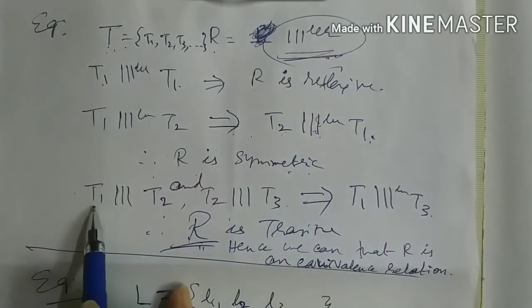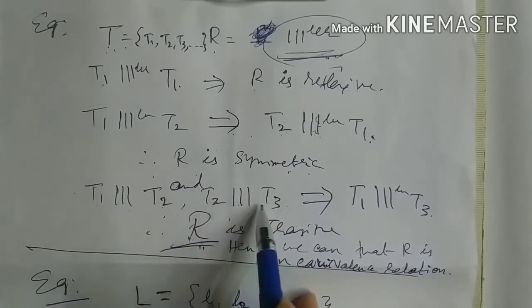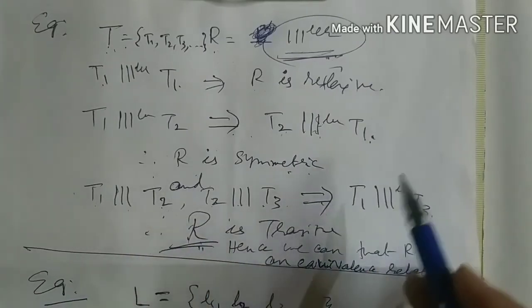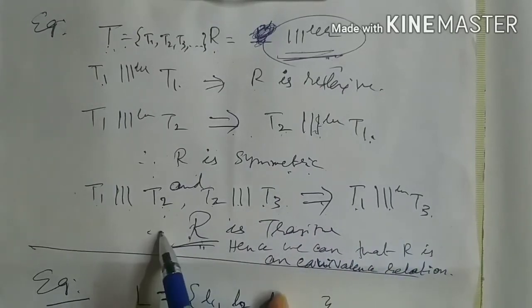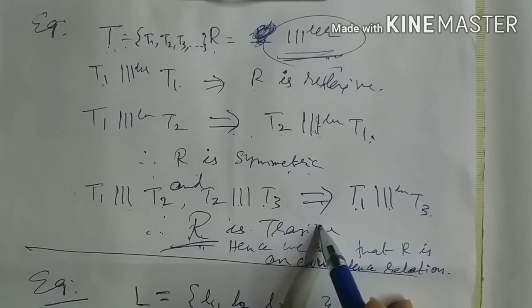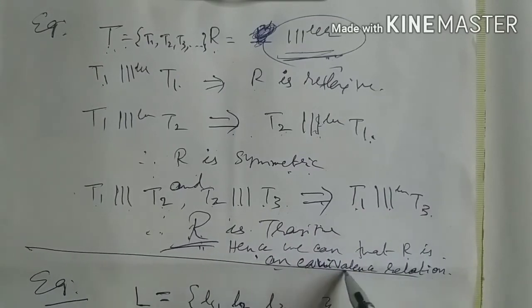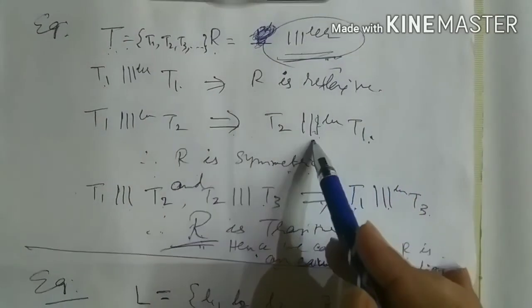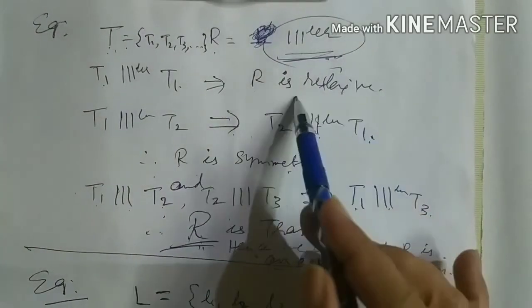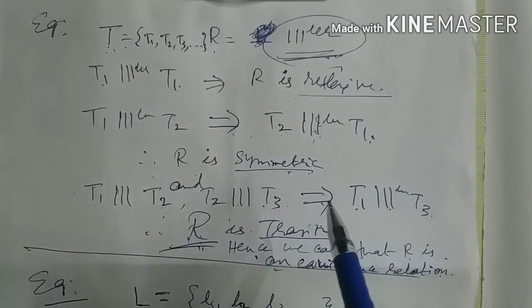Let us consider T1 similar to T2 and T2 similar to T3. Definitely, it implies T1 is similar to T3. Therefore, the relation is transitive. Hence, R is an equivalence relation because the relation is similar is reflexive, symmetric, and transitive.